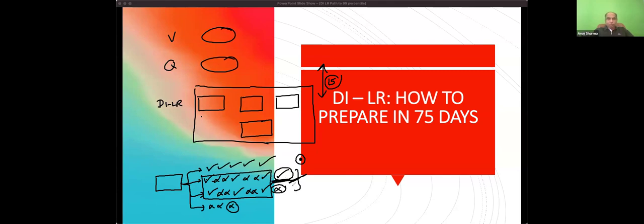The danger in the DI section is when you face trouble in a set and you keep trying to solve it, and you end up wasting somewhere between 10 to 15 minutes because you got involved in the set, and at the end of it, you're not able to come up with a positive outcome. Not only has the set gone from you, but it has also taken a significant amount of the 40 minutes that you had to start with.